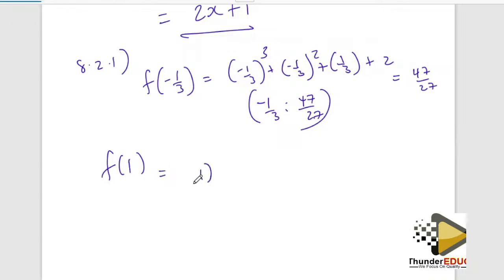So that's going to be 1 cubed, plus 1 squared plus 1, and then plus a 2. So this is going to give me a 3. So I have 1 and 3.